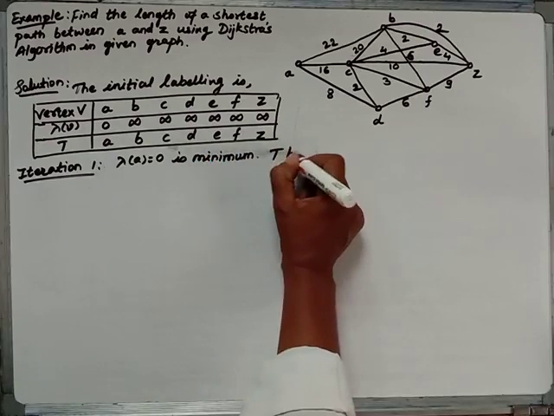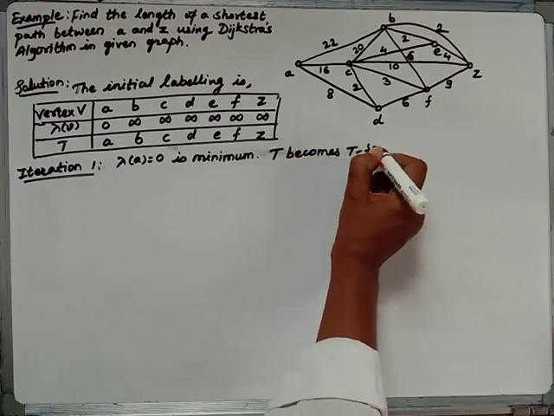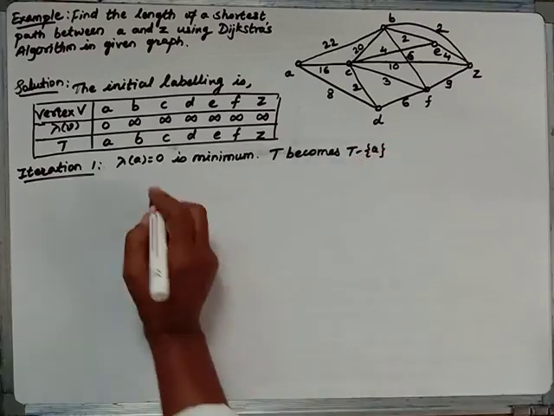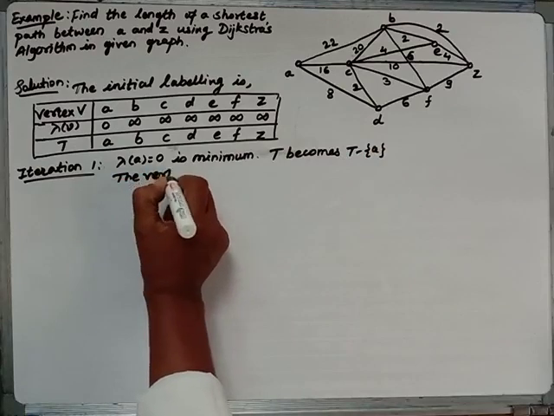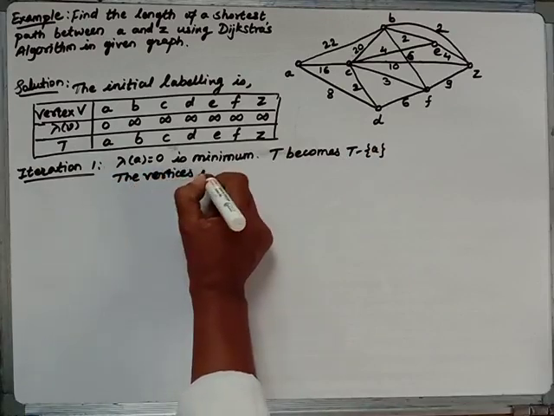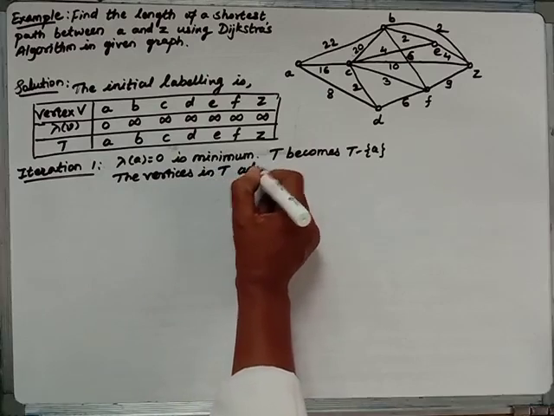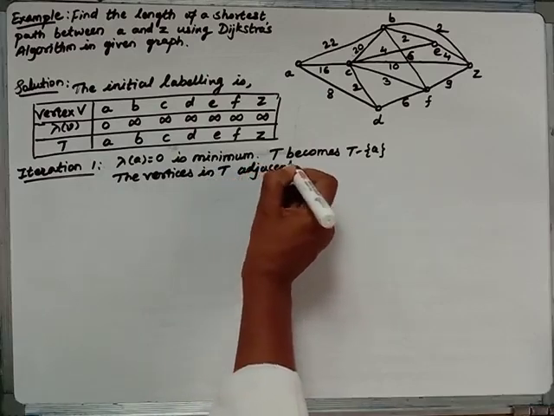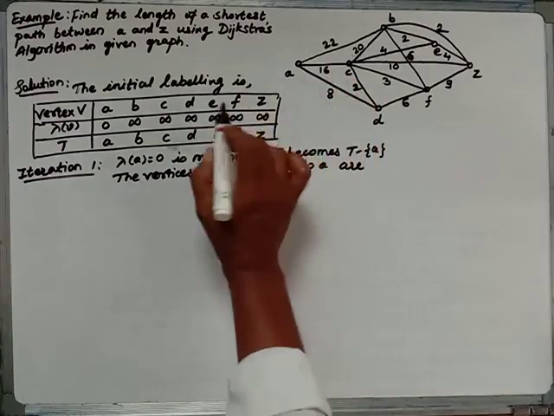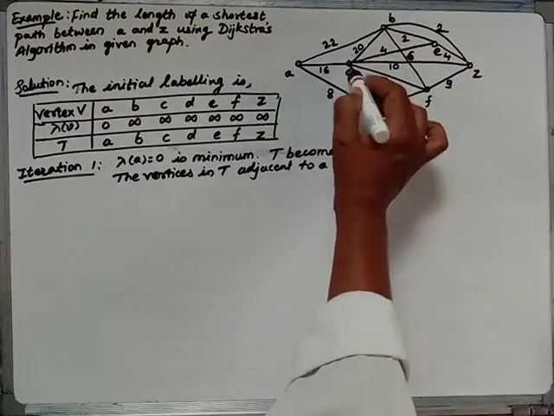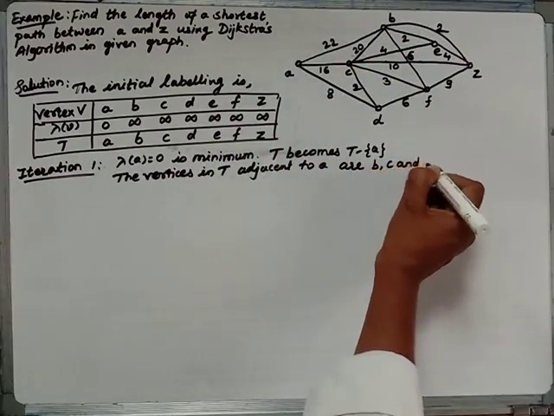T becomes T minus A. Right? So the vertices in T adjacent to A are what? B, C, and D.